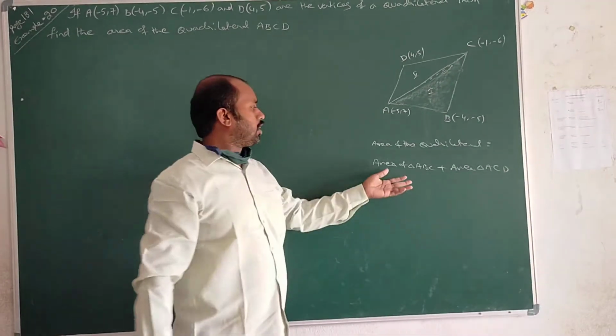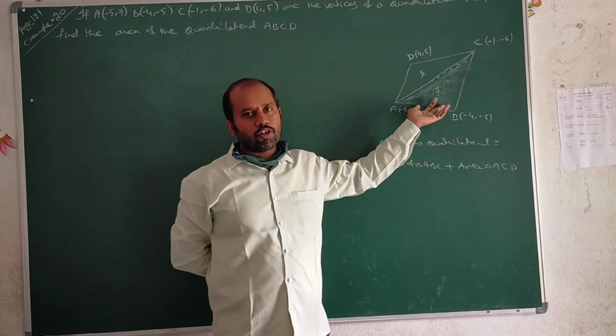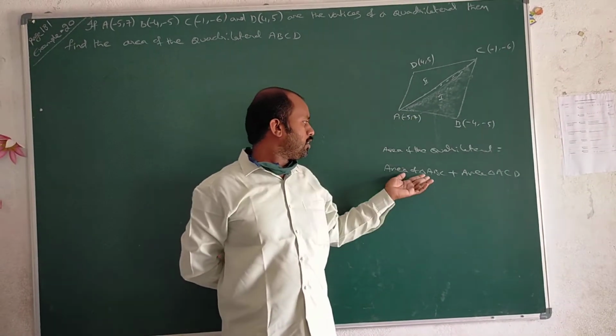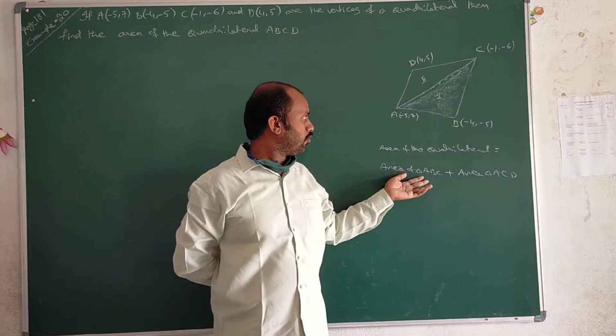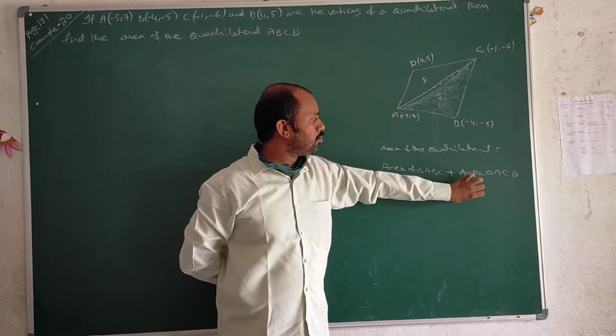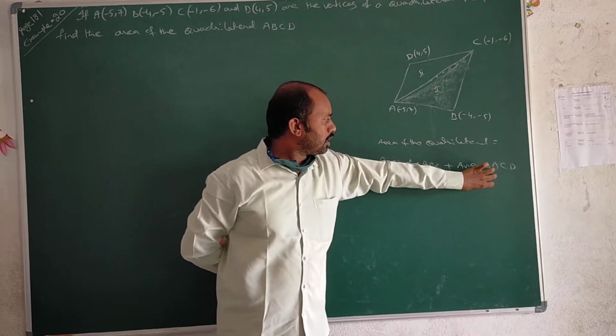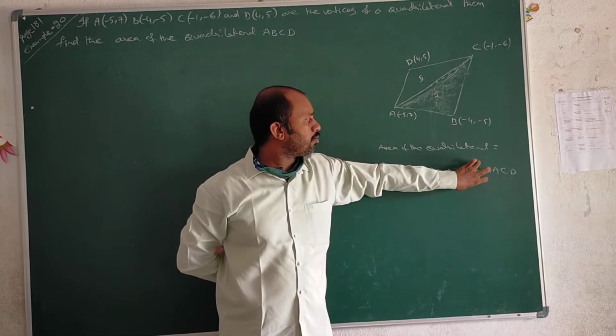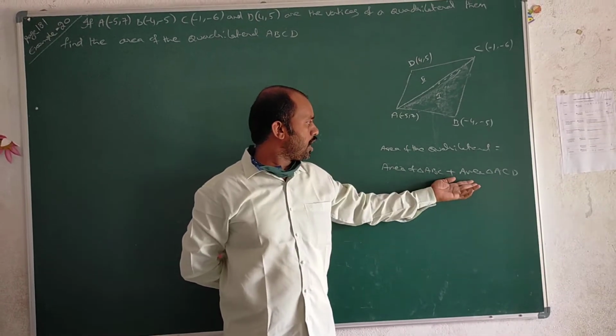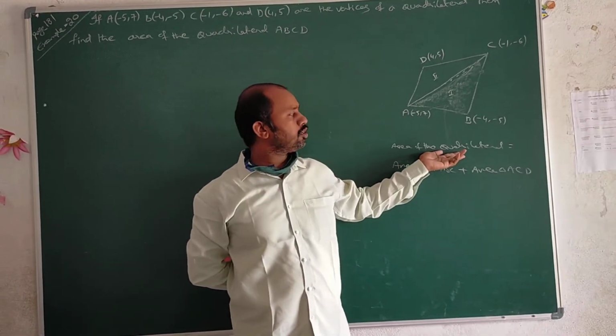Area of the triangle formula, you know that. Apply this formula to find the first triangle area and the same for the second triangle ACD. So add these 2 areas, we find the area of the quadrilateral.